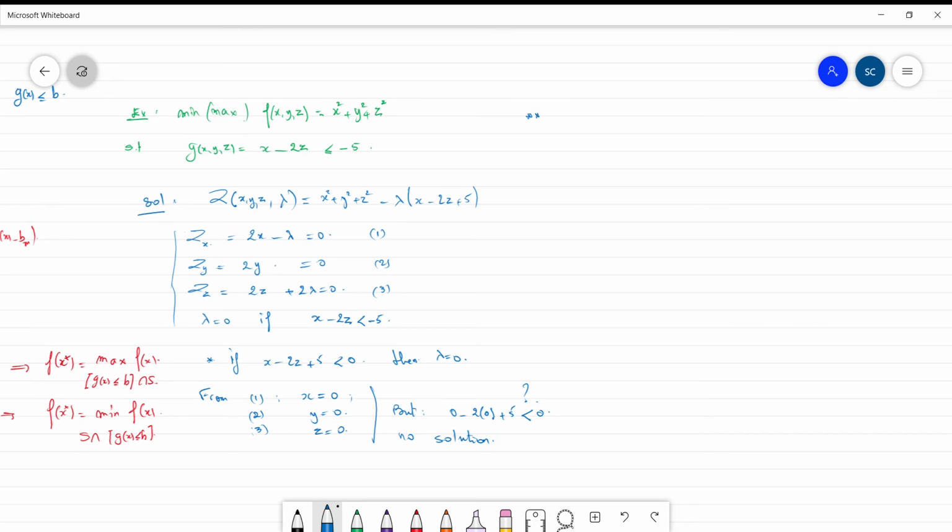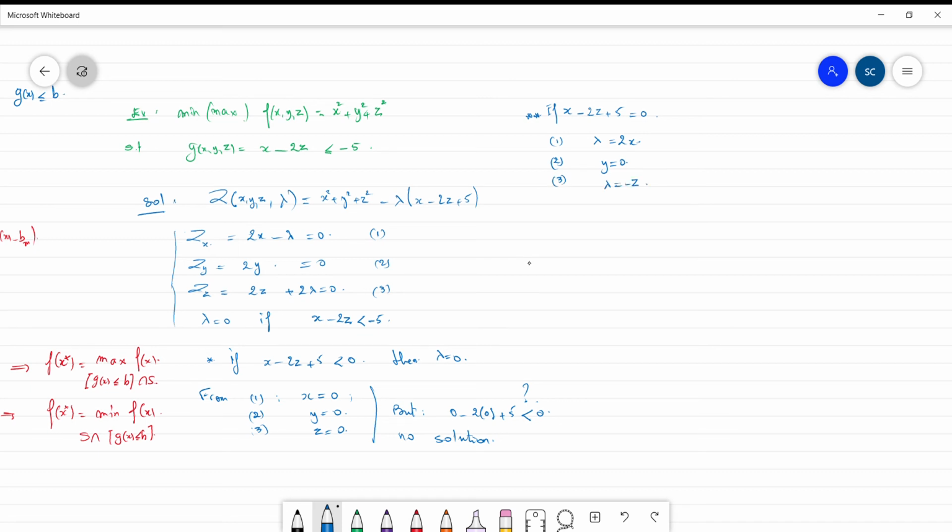So let's discuss the situation where x minus 2z plus 5 equals 0. Then from 1 we get lambda equal to x, 2 gives y equals 0, and the third equation gives lambda equal to minus z.